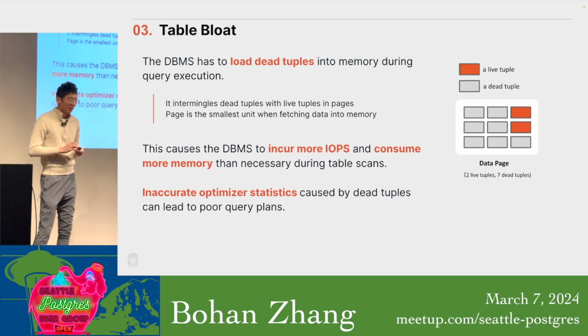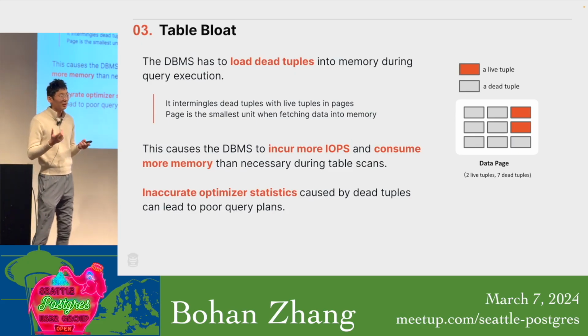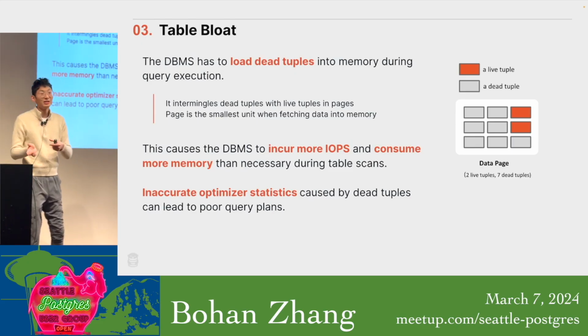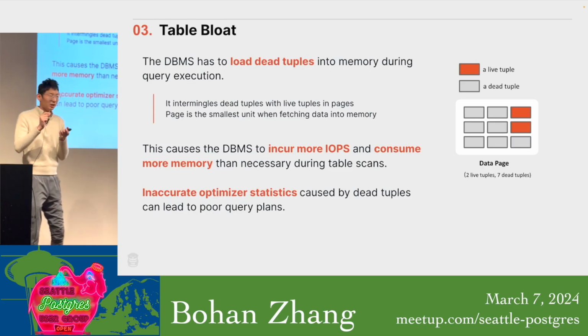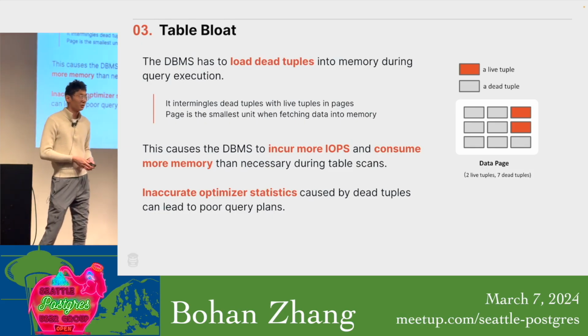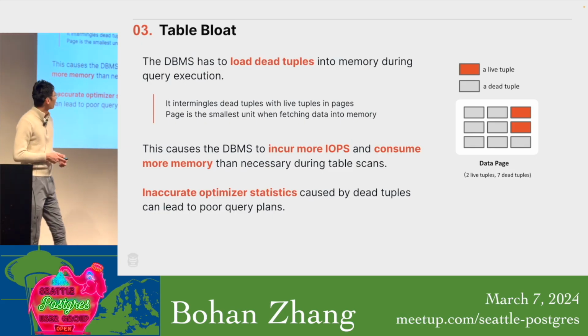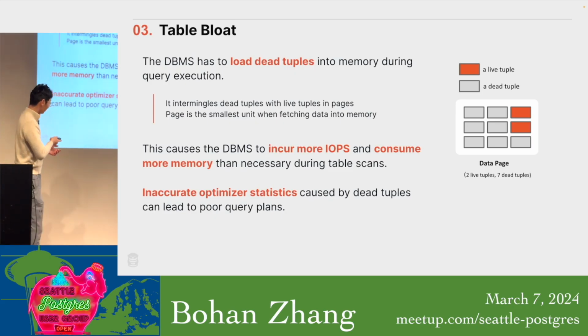The optimizer thinks it only needs to fetch 1,000 rows, but in theory it needs to fetch 10,000 rows into memory. So there is a mismatch in the statistics, and inaccurate statistics can lead to a bad query plan, and it can also lead to slow query performance. Actually, we have an example for this here.